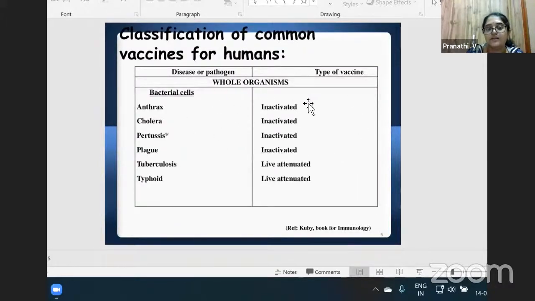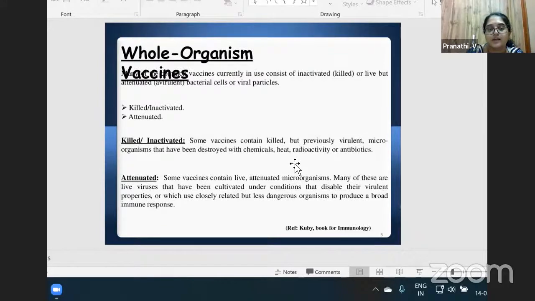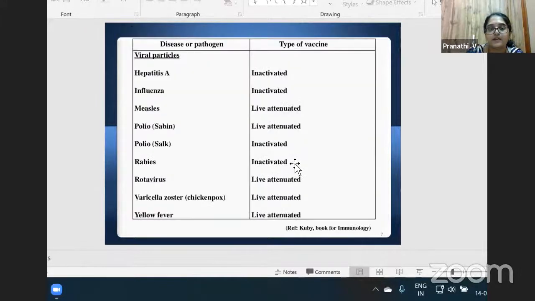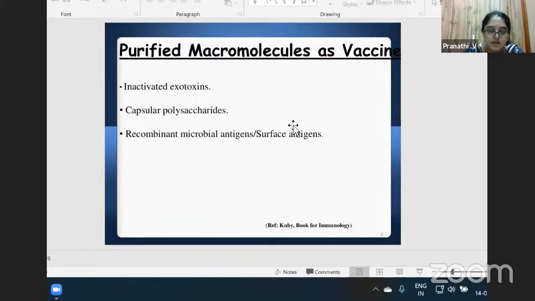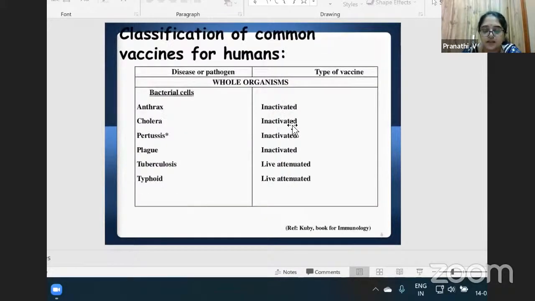So again, they have given here inactivated and whole organisms, different kinds of common vaccines. When it comes to the inactivated vaccine, the pathogen or the microbes are killed with the help of either heat or chemicals, so that it can no longer replicate inside a host.